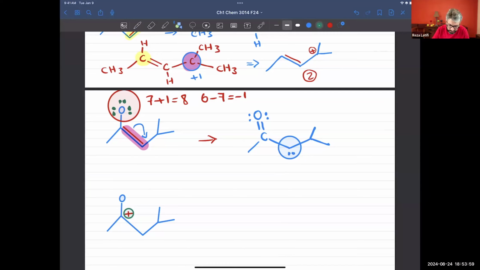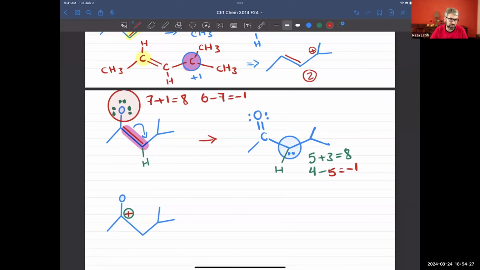Remember, here they didn't show the hydrogen, but that doesn't mean there is no hydrogen. For carbon, we always keep adding hydrogen until we make it octet. So that carbon has one hydrogen here. If you check it now, I see carbon with 5 electrons around it, made 3 bonds, it will be 8. Carbon is group 4, but I see 5 electrons around it, so it will be -1.